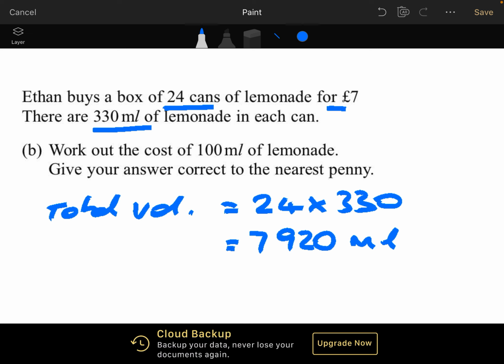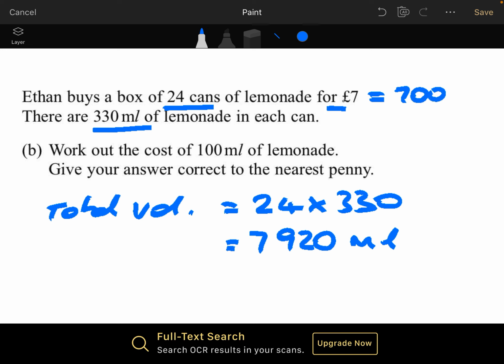So we're working out the cost. It wants it to the nearest penny, so let's do 700 pence, because that'll be easier to deal with, won't it?